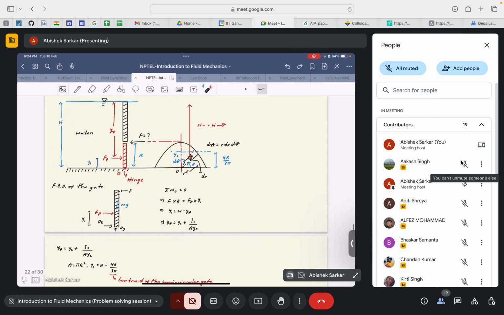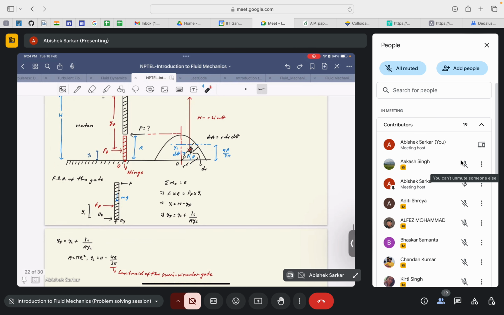So the task is to find the expression for F. From initial thoughts, it might seem quite simple, like we can just write F as Fp times y1 by R. But the difficulty arises in the case where we do not know the expression for Fp. So this simple analysis becomes redundant in this case. So we have to take the help of some other methods.